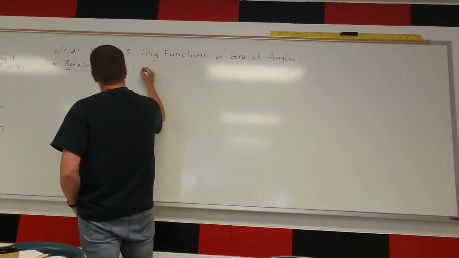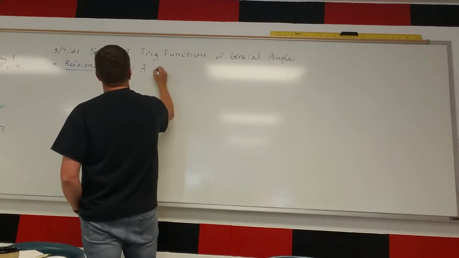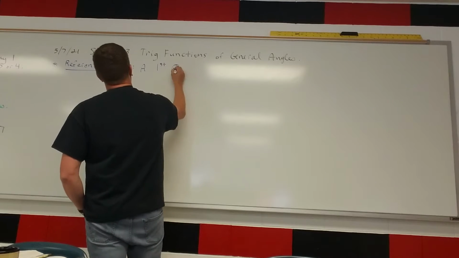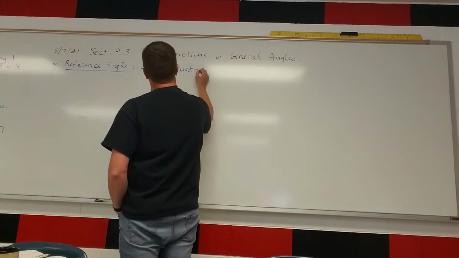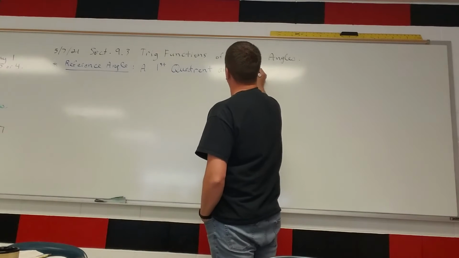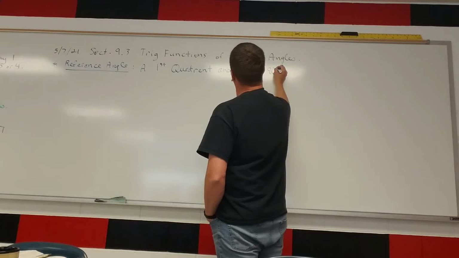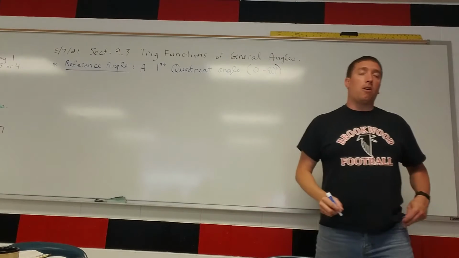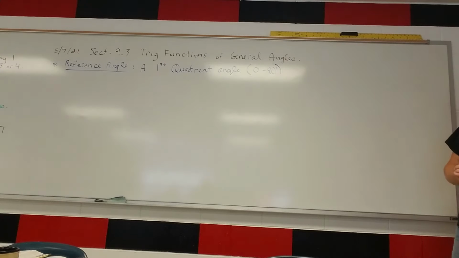Okay? A reference angle is a first quadrant angle, and then in parentheses we'll put 0 to 90 degrees, because there are lots of angles that are in the first quadrant that are bigger than 90 degrees. If you start rotating a 50-degree angle over and over and over again, every time you go one full rotation, aren't you back in quadrant 1?